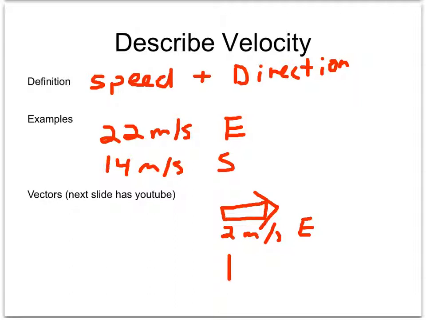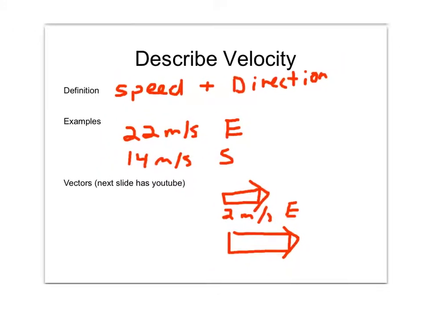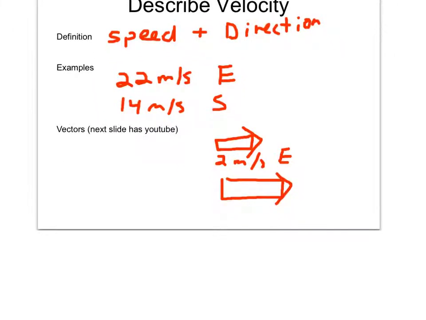And if I drew a bigger vector, we might label that one 4 meters per second east. So the size of the arrow shows you the relative speed, and then obviously the direction of the arrow shows you the direction.